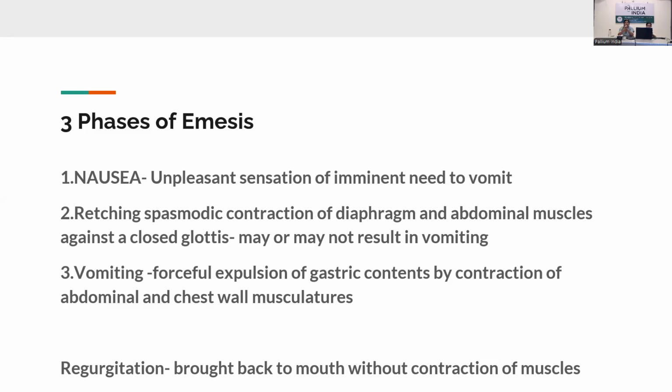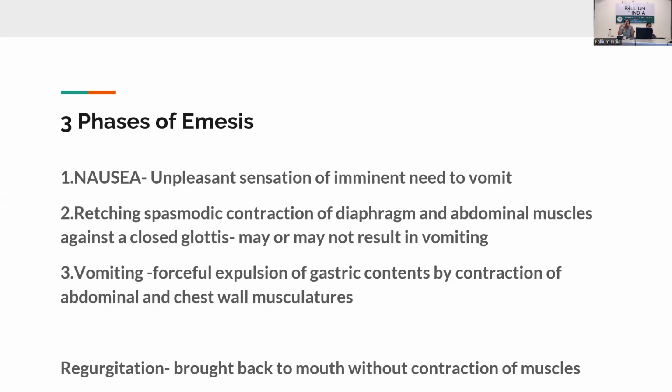Now coming to the second one. Next after nausea is retching. What is retching? Retching is a spasmodic contraction of the diaphragm and abdominal muscles. The abdominal muscles and diaphragm contract against a closed glottis. I know everyone in this group must have experienced at least one episode of vomiting in their life.